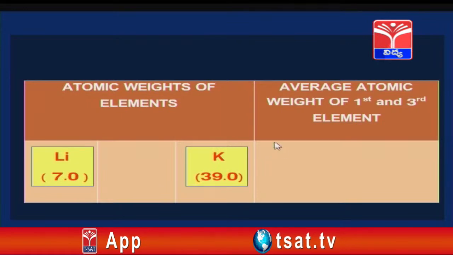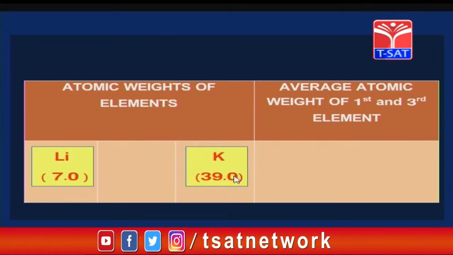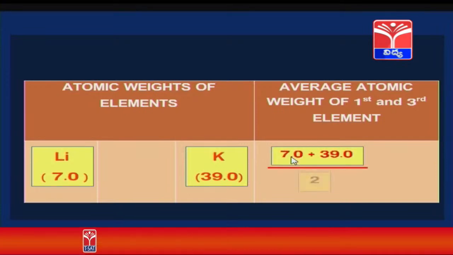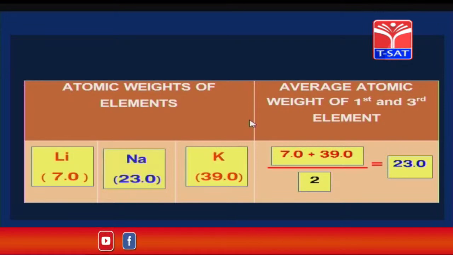Now, what is the average value? Average means we have to add the atomic weights, 7 plus 39, it is equal to 46. Average means divided by 2, 46 divided by 2, it is nothing but 23. It is nothing but the atomic weight of sodium.